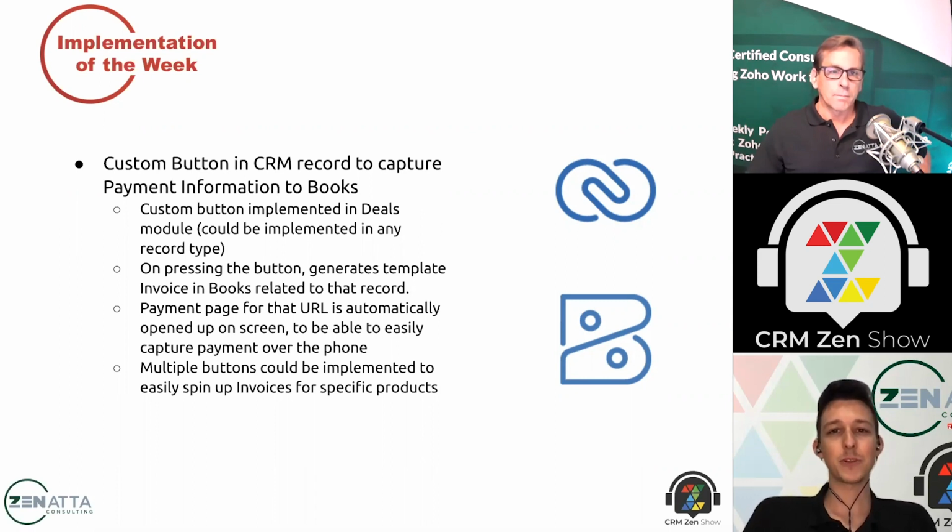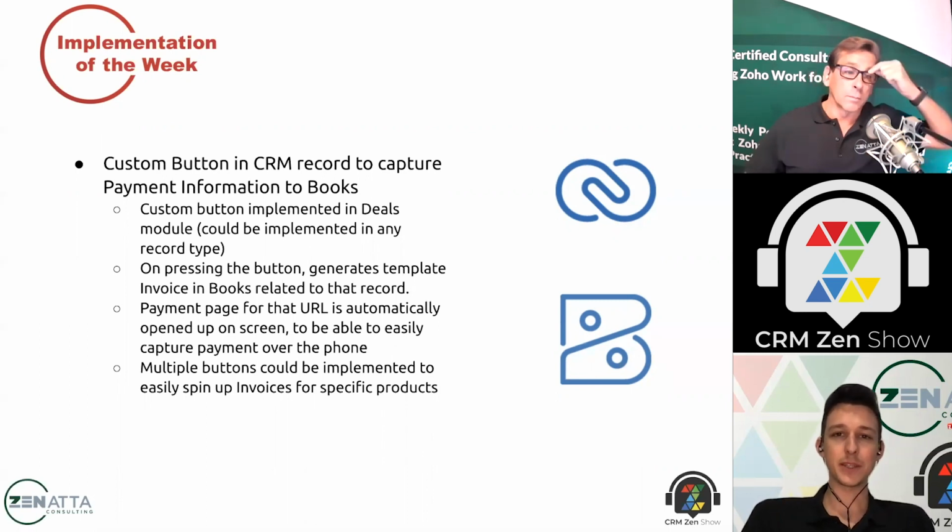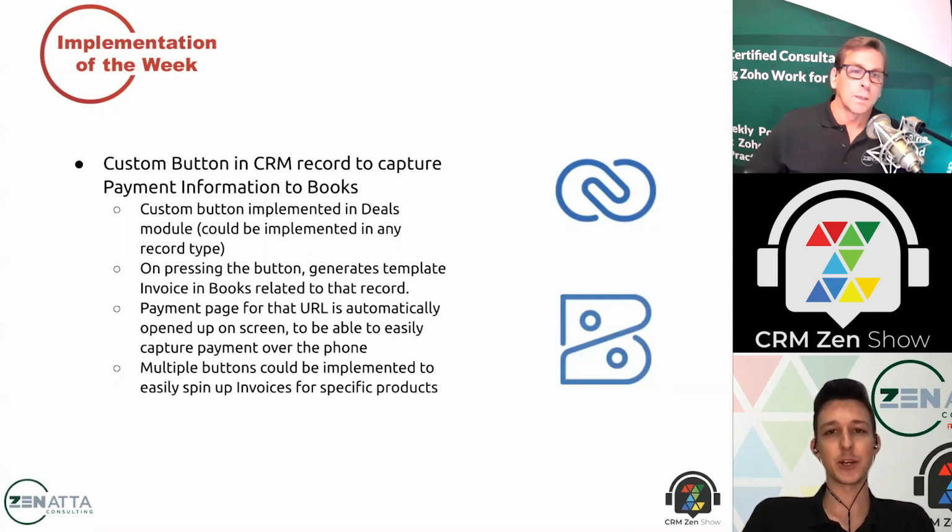And then we have a little open URL script in it that will grab the payment URL of that invoice that was just created and actually open it up dynamically for whoever pressed the button. So that allows you to instantly spin up this invoice and be ready to accept payment over the phone, just with one click from inside the CRM.